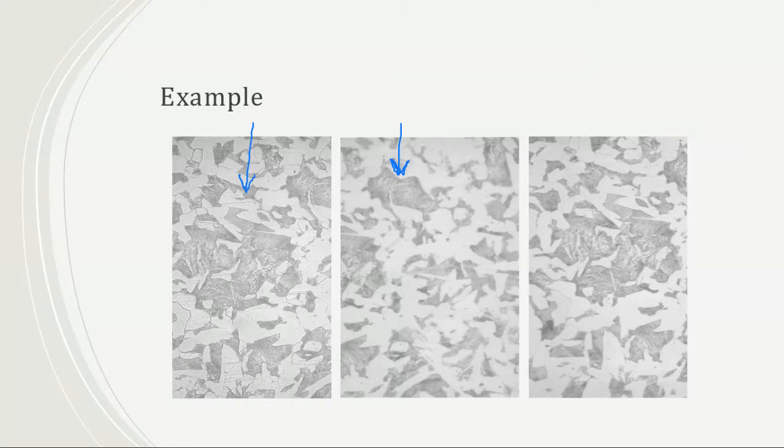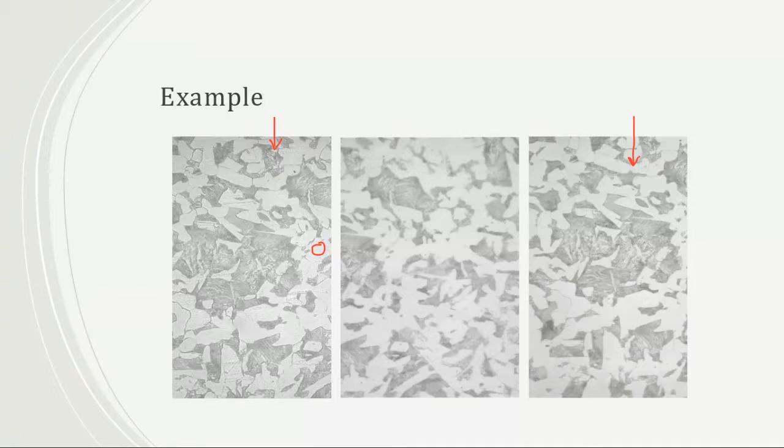Okay, you might say that image 1 and image 3 are the same, and you really can't differentiate one from the other. But when you're looking at the ferrite within the material, so your ferrite is this phase right here. It's the white phase. This white phase on the left image looks rough, whereas when you look at the image over here on the right, it looks nice and smooth.